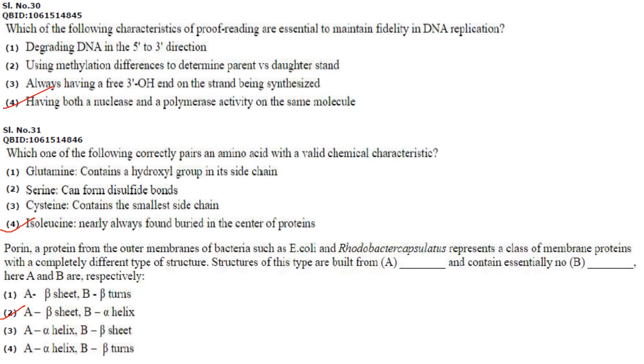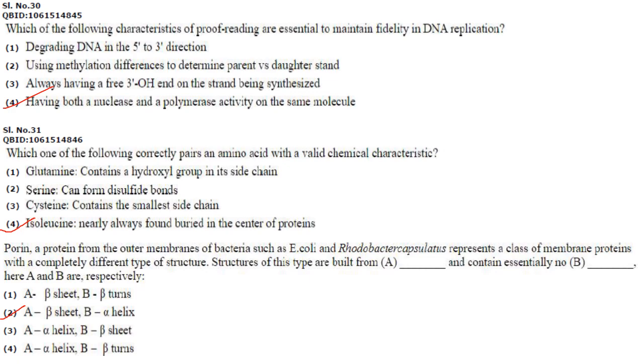Then next one. Which one of the following correctly pairs an amino acid with a valid chemical characteristic? Glutamine contains a hydroxyl group in its side chain. No, glutamine doesn't have a hydroxyl group. Serine can form disulfide bonds.